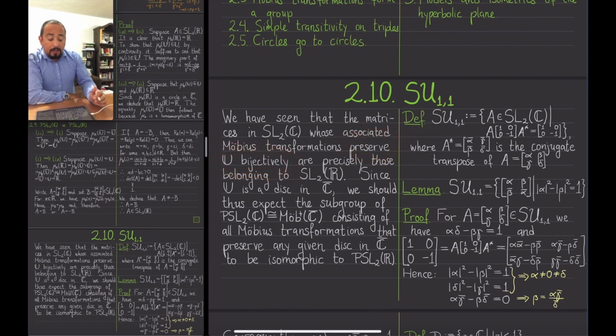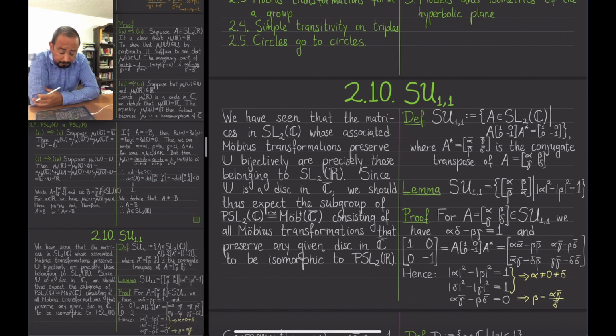Now, U is a disk in C bar, right? It's a connected component of the complement of a circle in C bar, namely R bar, which is R union infinity.